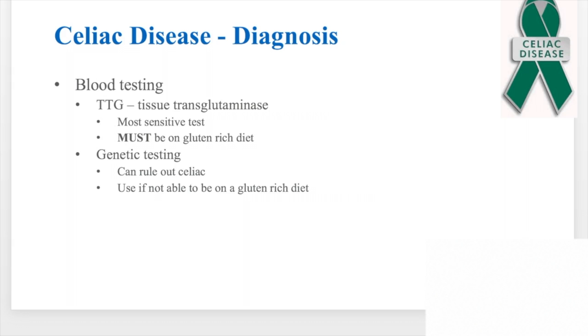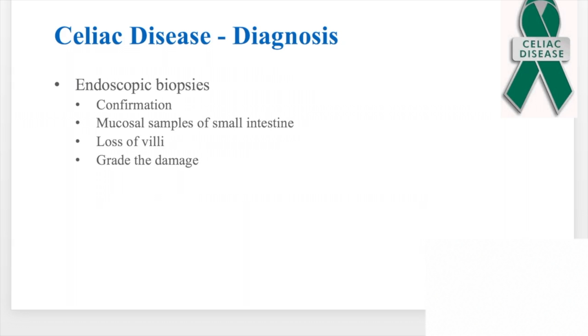Now, once you have a blood test that supports the diagnosis of celiac, the next test is a mucosal biopsy. We do an upper endoscopy, or an EGD. This helps to confirm whether you have celiac disease or not. What we basically do is get mucosal samples of the small intestine, and we look at them under the microscope.